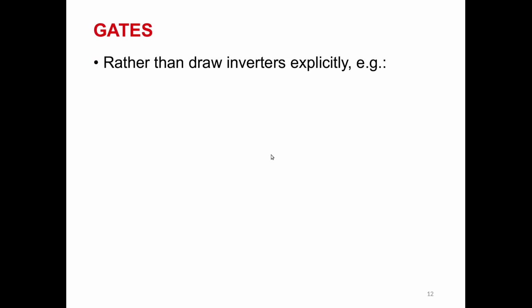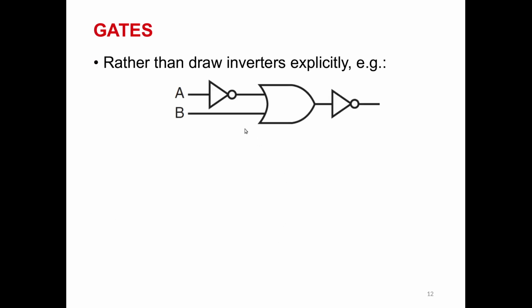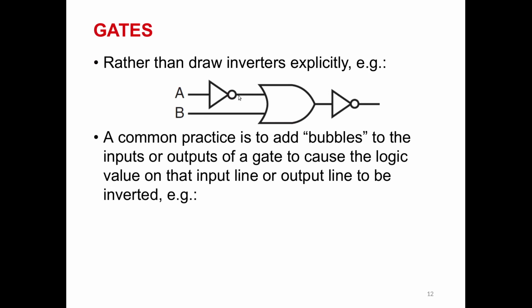And for simplicity, we can combine them together to make it simple. Here, for example, if you have a complex logic like this, NOT A OR together with B and then inverse that value, instead of using so many NOT gates as shown here, you will replace NOT gates by a bubble.